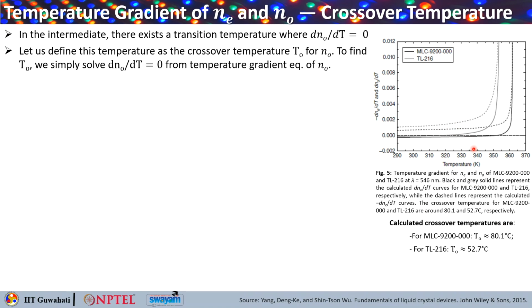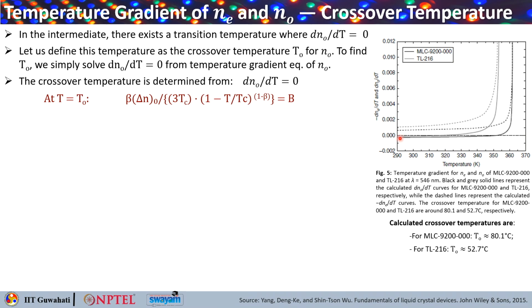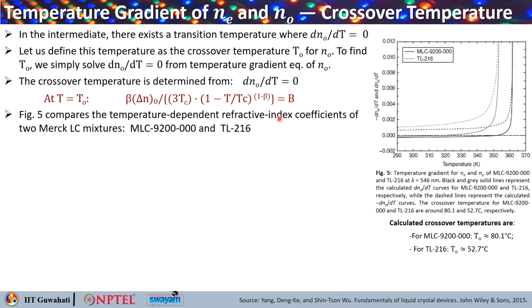Let us define this temperature as the crossover temperature T0 for NO. To find T0, you can simply solve dNO by dT equals 0 from the temperature gradient equation of NO, and you will see that the crossover temperature is determined from dNO by dT equals 0. So you find the relationship where the slope will be 0.